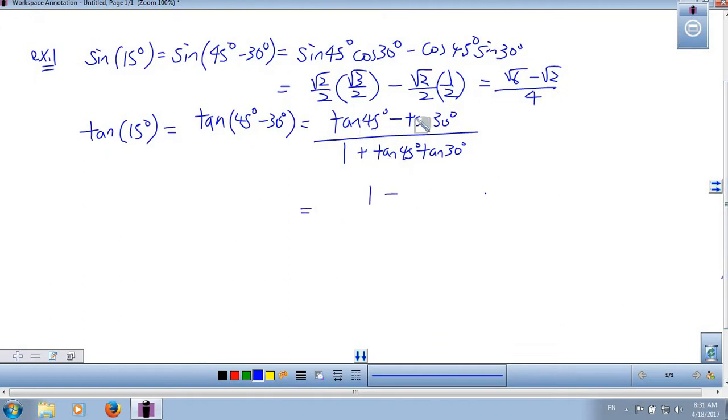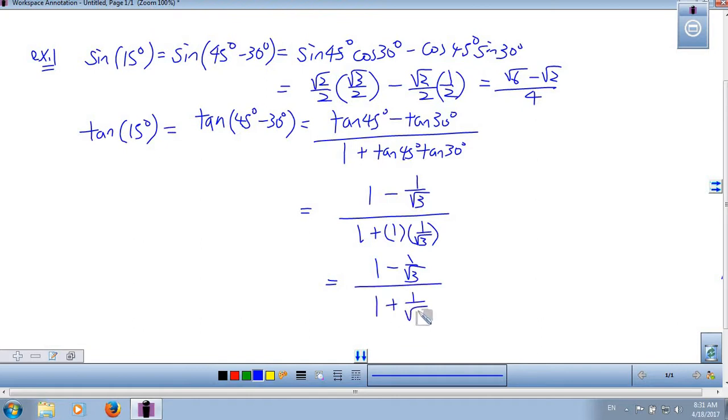Tangent 45 is 1. At 30 degrees, sine is 1/2 and cosine is square root 3 over 2, so tangent 30 will be 1 over square root 3. Tangent 45 is 1, tangent 30 is 1 over square root 3. As you can see, we come up with a complex fraction here: 1 minus 1 over square root 3, divided by 1 plus 1 over square root 3.